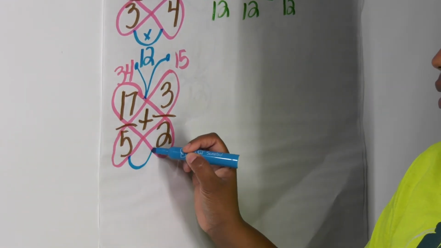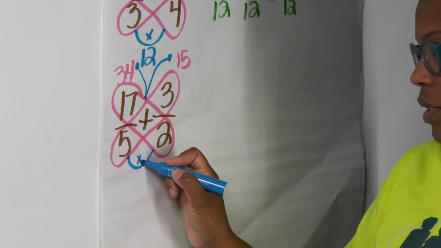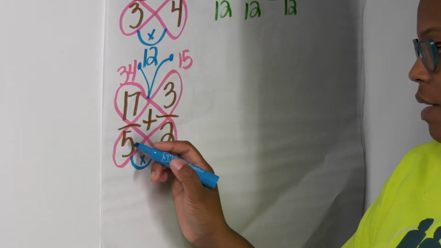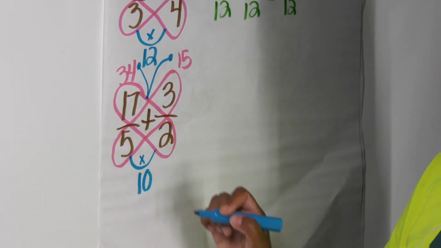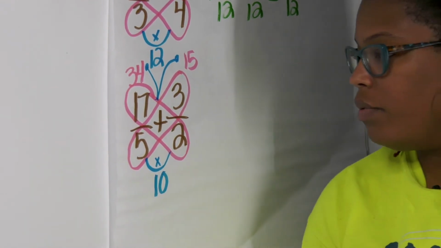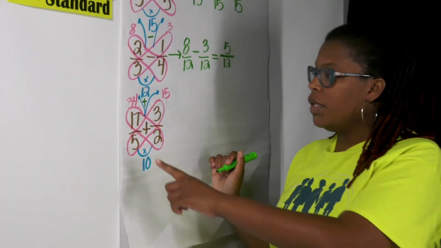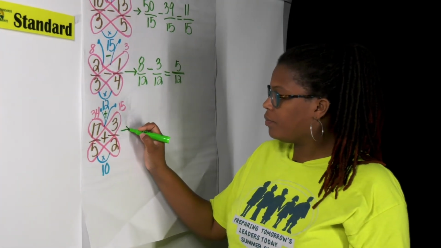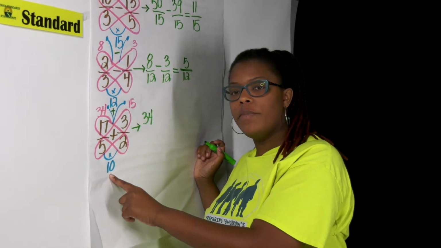And we're going to find our common denominator by multiplying our two denominators, 5 and 2, 5 times 2, which is 10. So our common denominator is 10. And what are we doing with these fractions? We are adding them. So 34. And some people write it like this, because we know that the common denominator is 10.